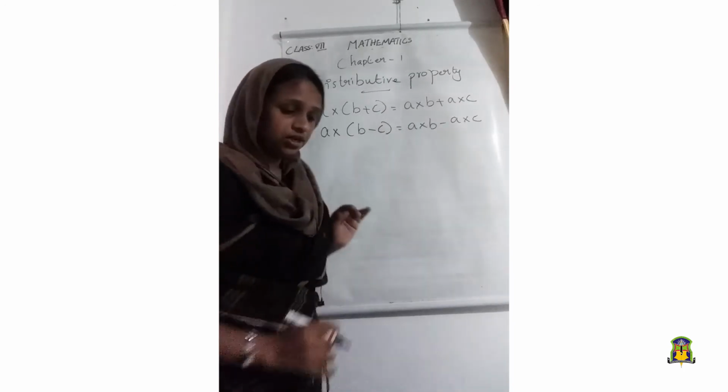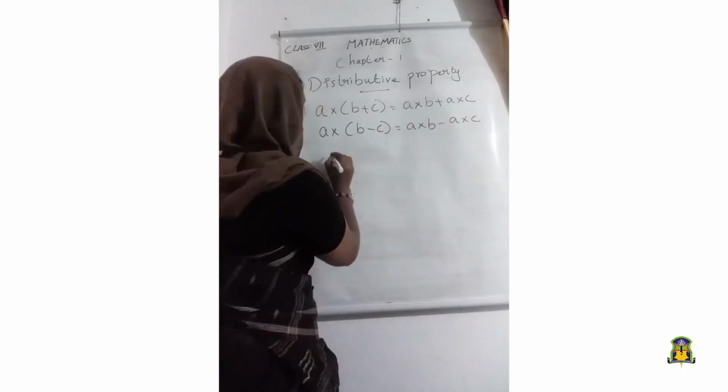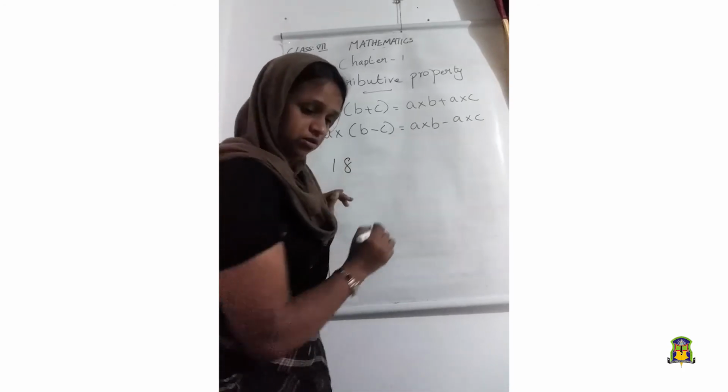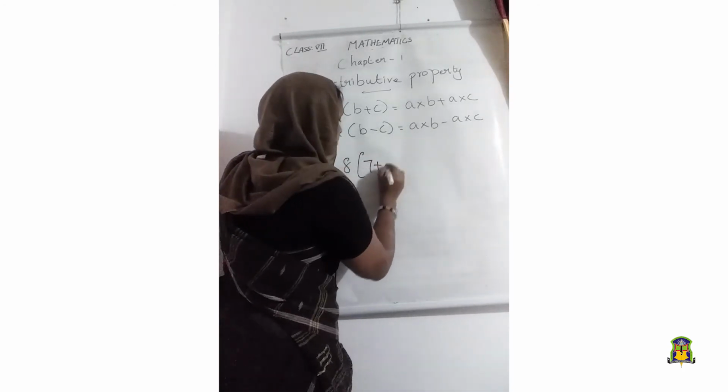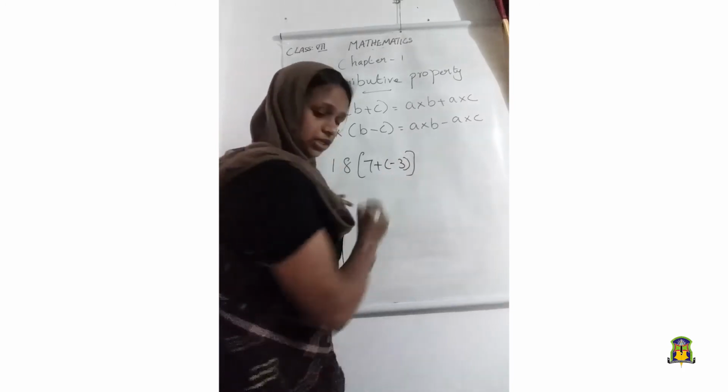Okay. So here we can consider an example: 18 into (7 plus negative 3).